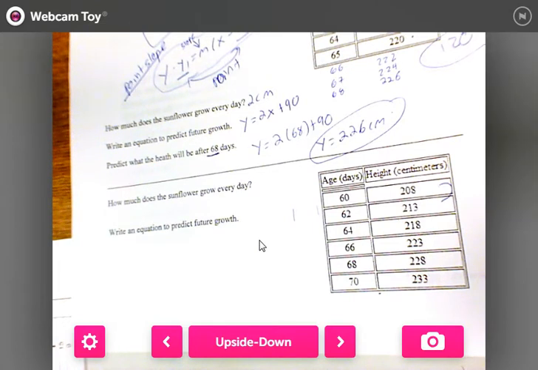So I plugged it in. I said, okay, y equals 2x. But 2 times 60 is 120. So then I took that answer and subtracted it from 210, deciding that it would start at 90. I plugged in 60. My first thought was it was 2x, right? So then I went minus 120.